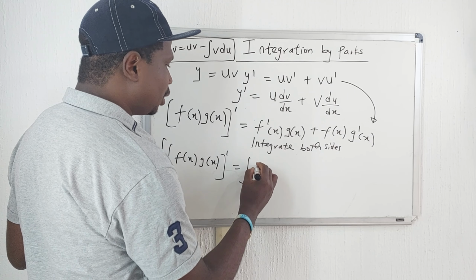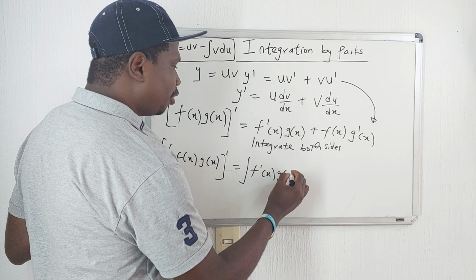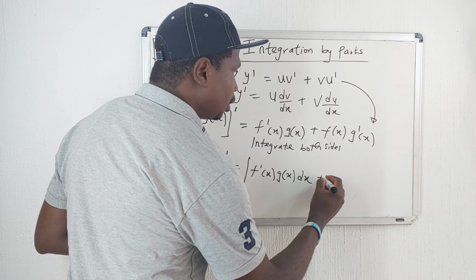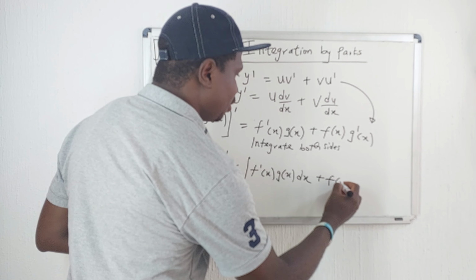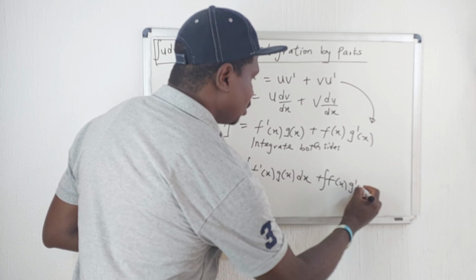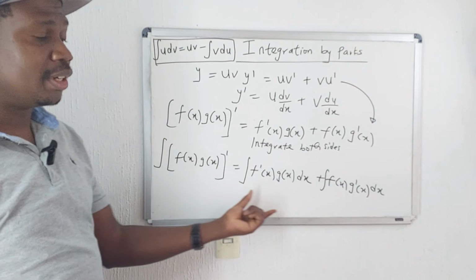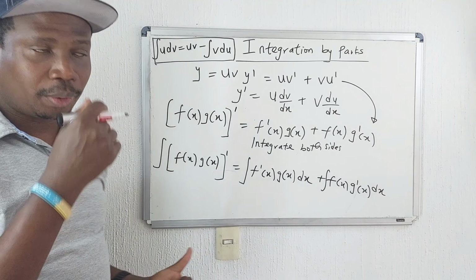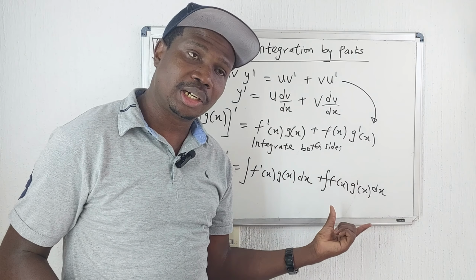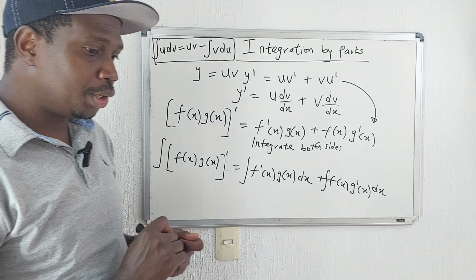The integral of f prime of x, g of x, dx, right? Plus the integral of f of x, g prime of x, dx. So you can see we have integrated both sides of the equation. In an equation, what you do to one side, you must do to the other side for the equation to be balanced.